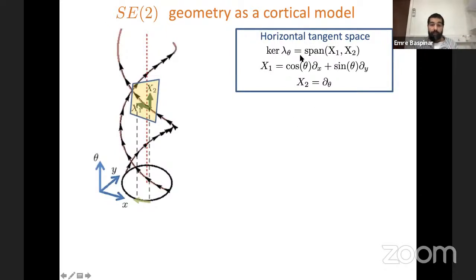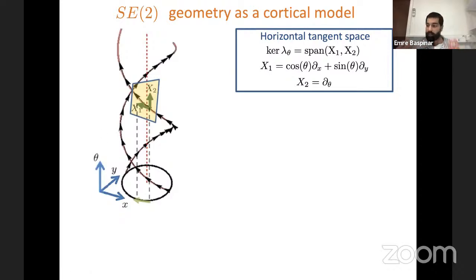Since by definition the horizontal tangent space is the kernel of the one form lambda, in other words, it's the span of two horizontal vector fields, X1, as we saw previously in talks of previous speakers, the vector field in the tangent direction to the objects in the given two-dimensional image, and X2 is the vector field in the direction of the orientation dimension in the three-dimensional geometry.